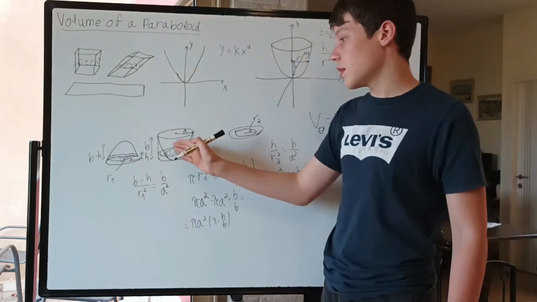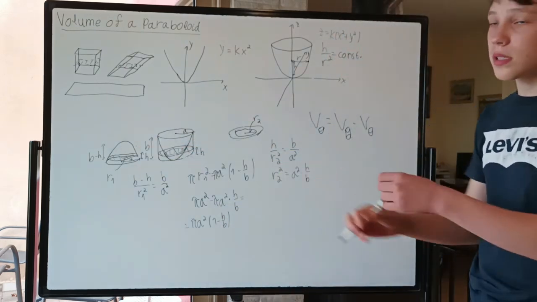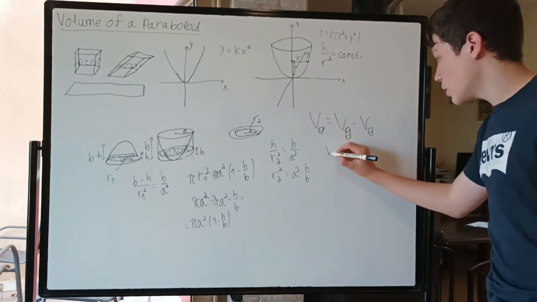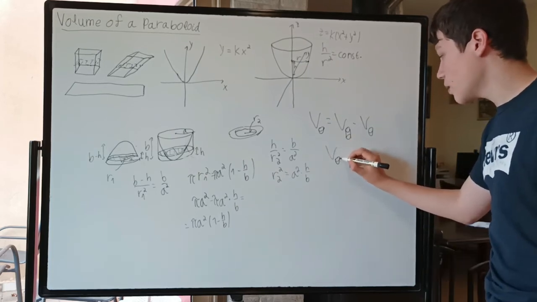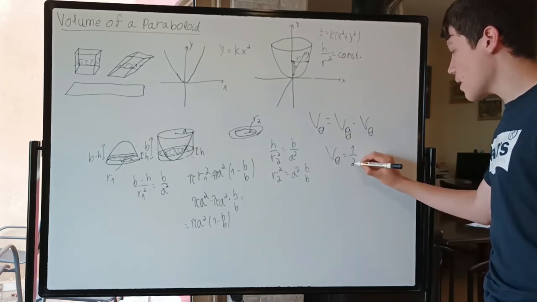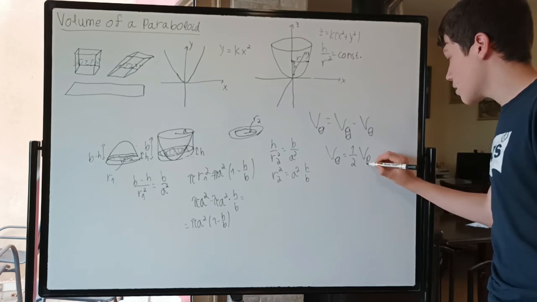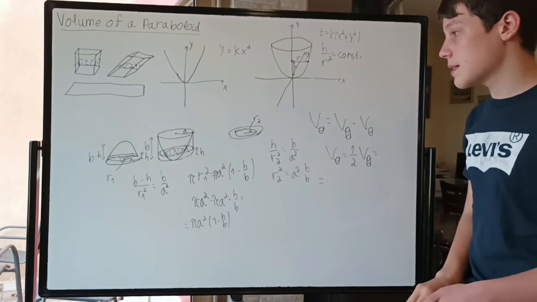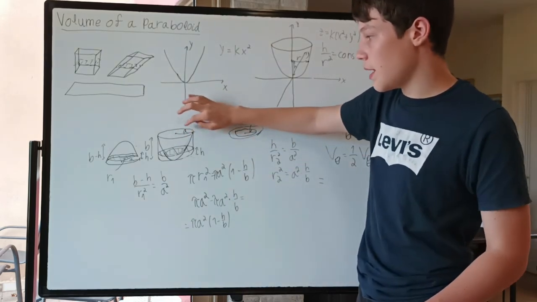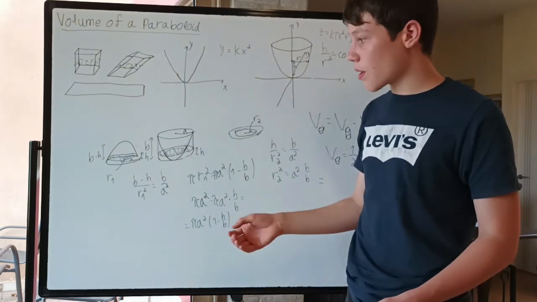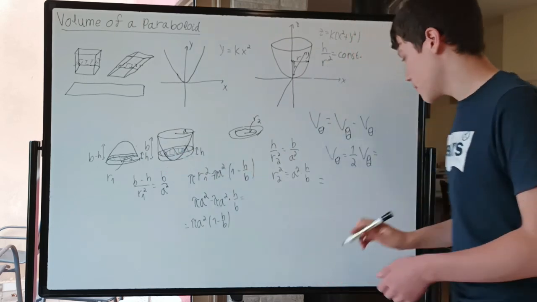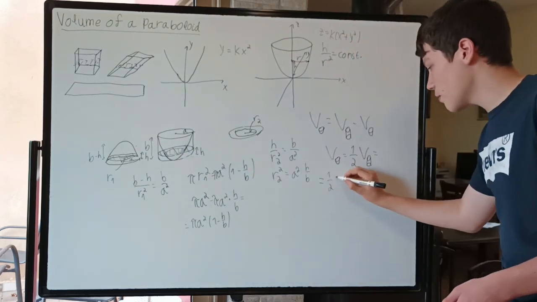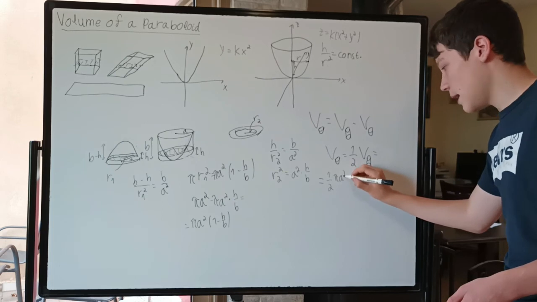We use that these paraboloids are the same, just upside down, which means that the volume of the paraboloid is half that of the cylinder. But we know how to evaluate the volume of a cylinder. It's the area of the base, which is pi a squared, times the height, which is b.